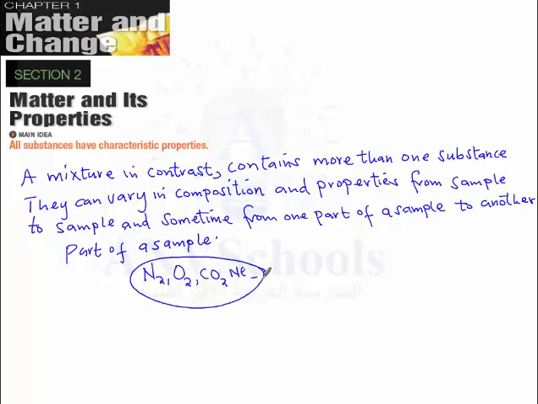All of them make a mixture. So from a mixture, we can get a pure substance. We could get nitrogen as a pure substance. We could get oxygen as a pure substance, and so forth. So let's go to the video and some structures here so that it's easy for us to understand.